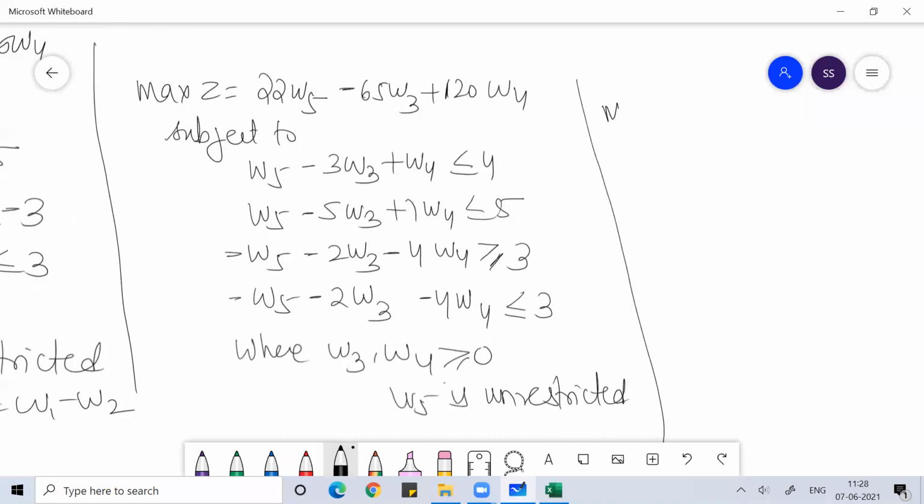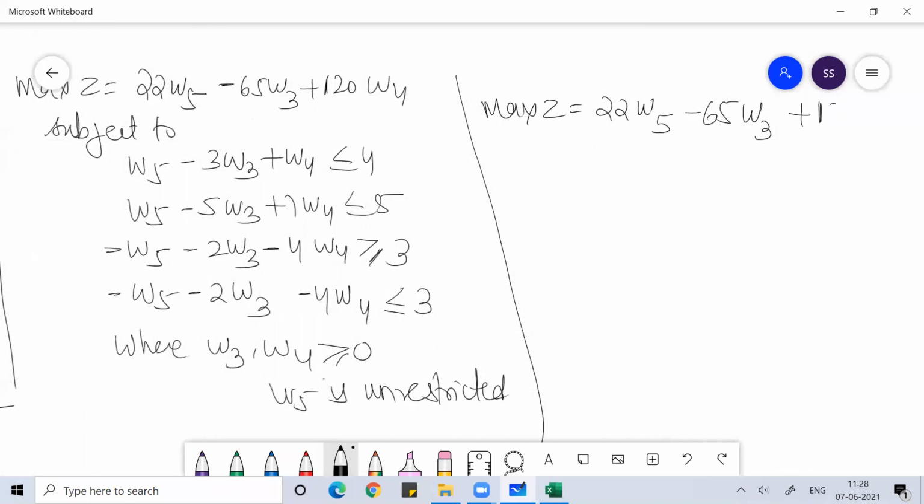So now you can write maxima of Z is equal to 22W5 minus 65W3 plus 120W4 subject to W5 minus 3W3 plus W4 is less than or equal to 4.